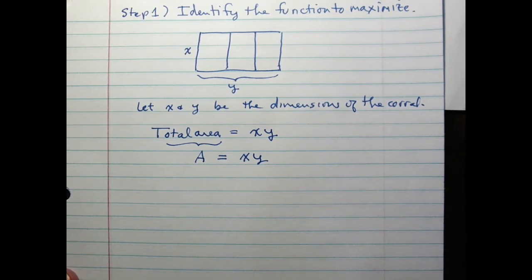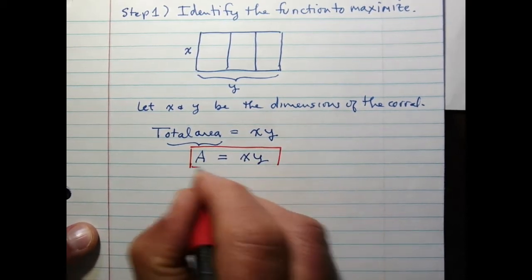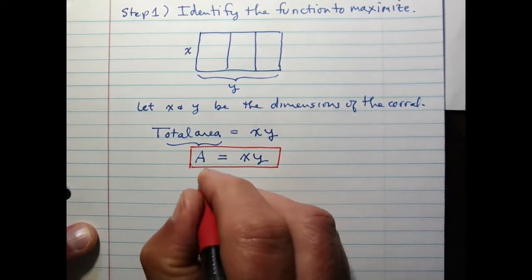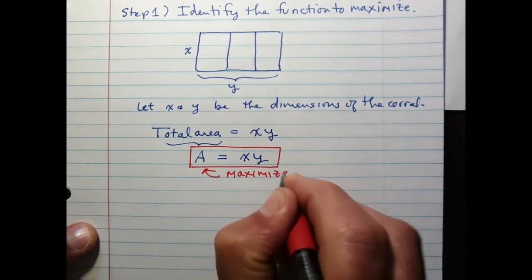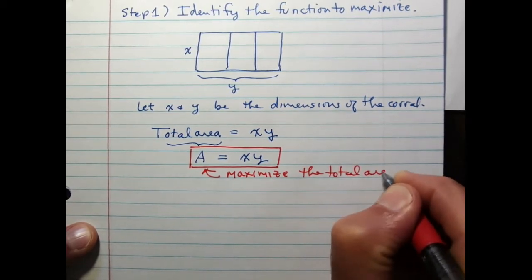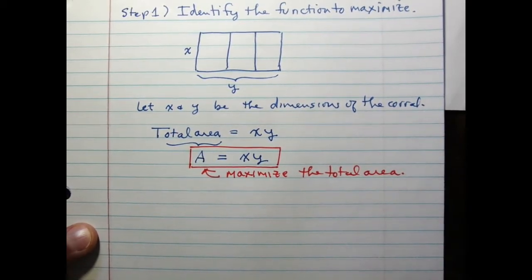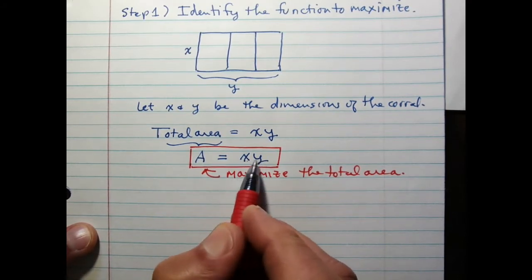And so this is our key, because we want to maximize the total area. The problem is we have an X and a Y. We want a function with just one input variable.